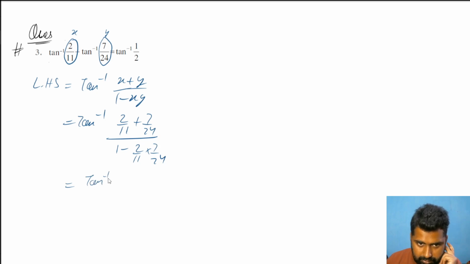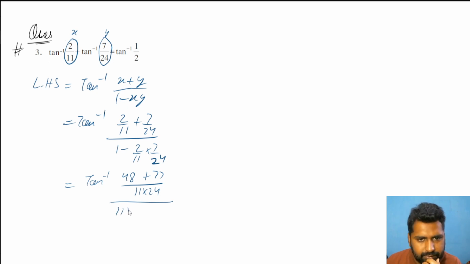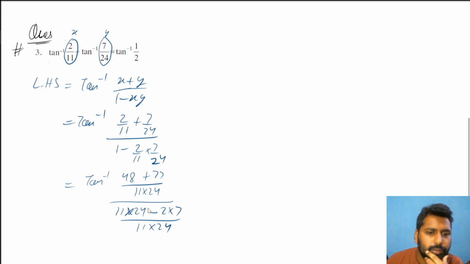So tan inverse, you have to do 48. I'll take the LCM. 48 plus this becomes 77 upon, I'll not multiply this, I'll write 11 into 24 in the denominator also. So 11 into 24 minus 2 into 7 upon 11 into 24. This cancels.